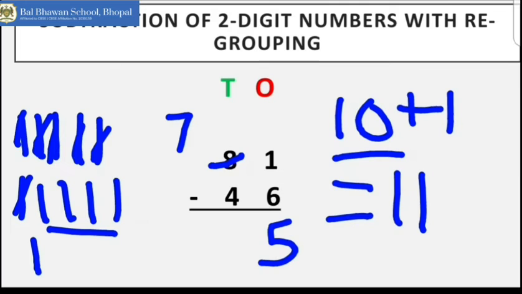Now here it is 7 tens and 4 tens. So now we will subtract 4 from 7.